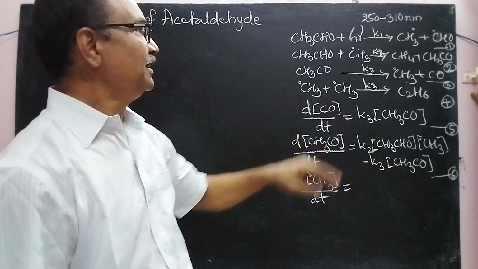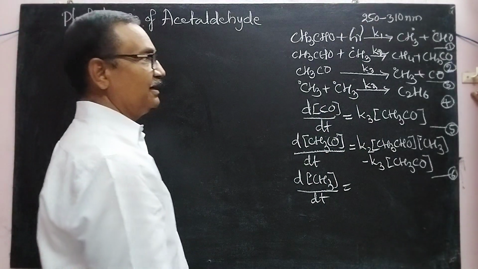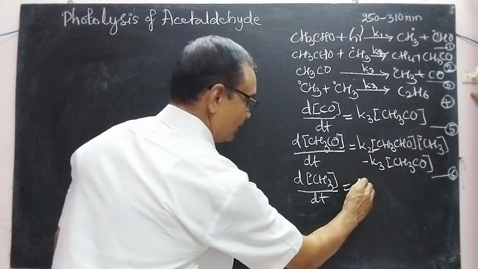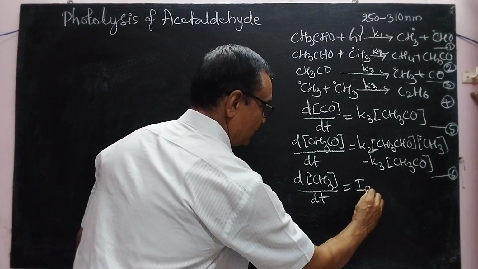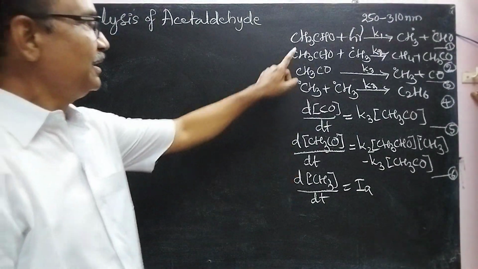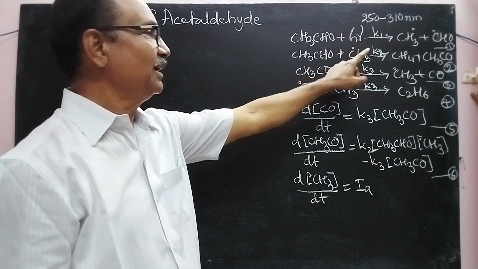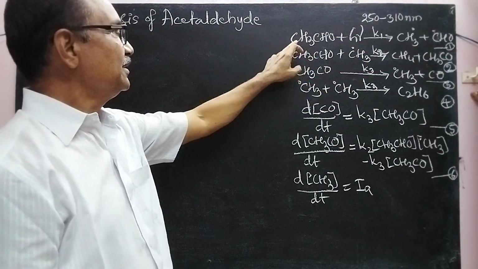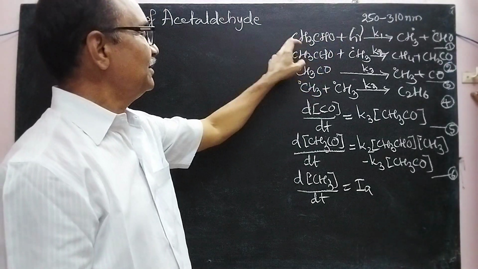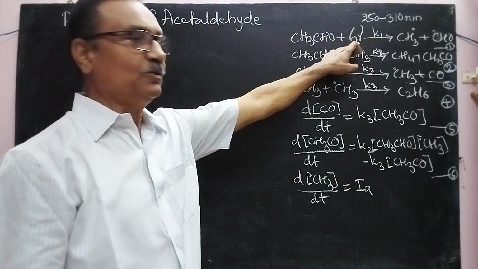Here the rate of reaction depends upon the intensity of light radiation absorbed. Suppose IA is the intensity of light radiation absorbed. Therefore, the rate of formation of methyl radical depends upon the intensity of light radiation absorbed. Thus, this reaction does not depend upon this, but it depends upon this. It is a photochemical reaction.